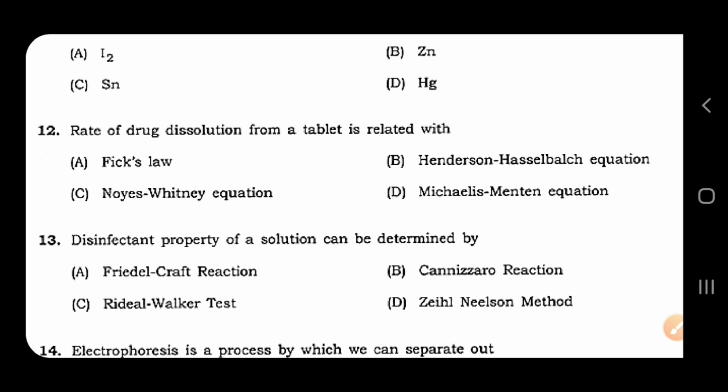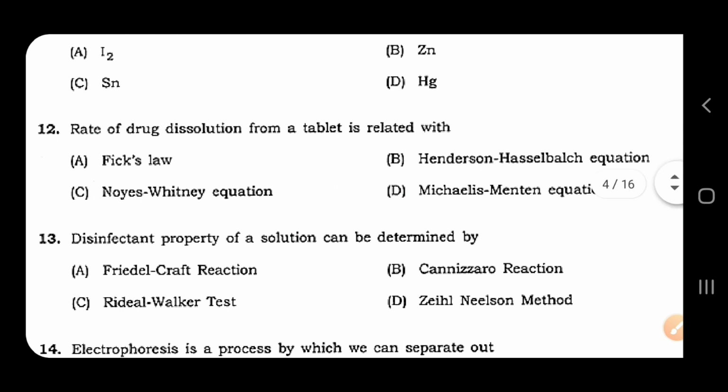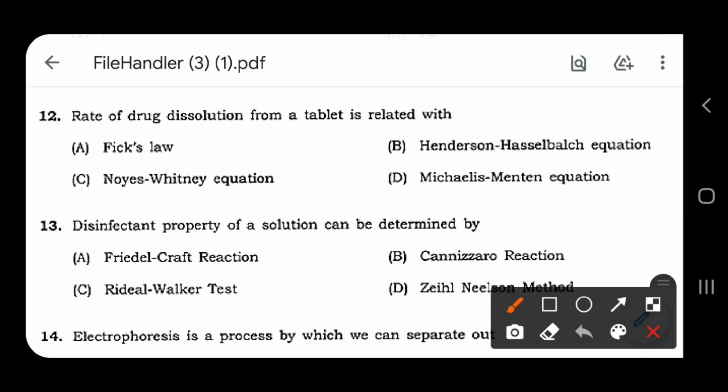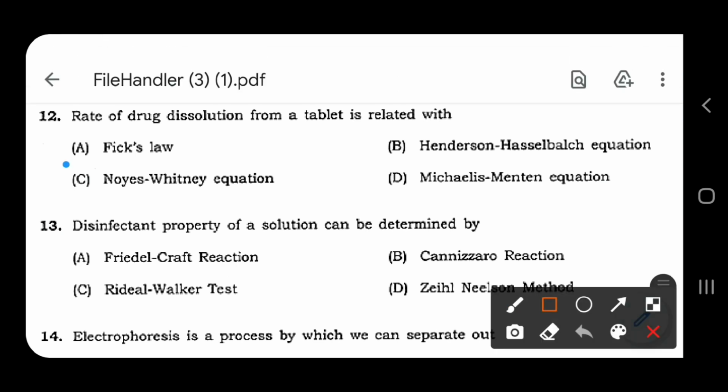Henderson-Hasselbalch equation is related to pH of buffer. Michaelis-Menten equation is related to enzyme kinetics, and Noyes-Whitney equation is related to dissolution of the tablet dosage form. So the correct answer is C.